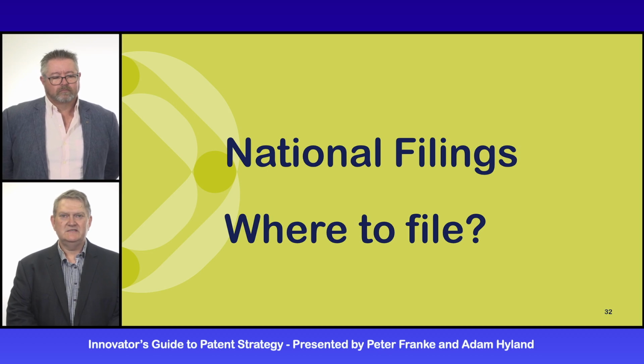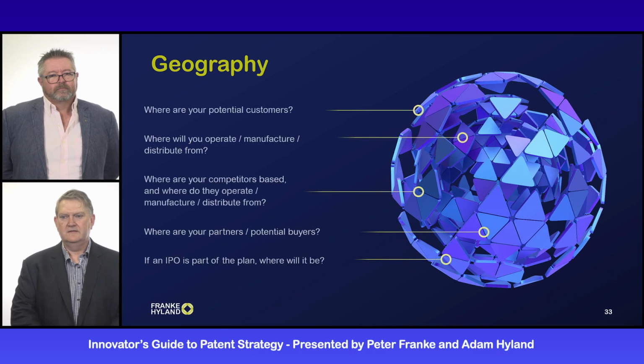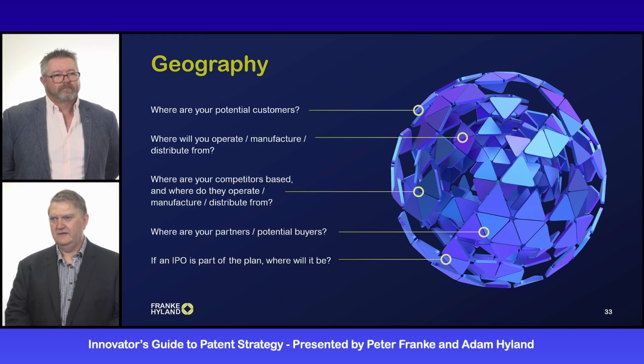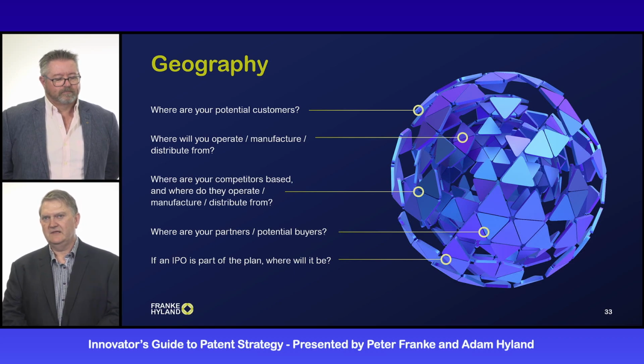So at the end of the PCT process, you then have the question of national filings and where you are going to file. There's a live question about geography, because we can file patent applications in something like 220 different countries or alleged countries, and I've never had a client who wanted to do that.